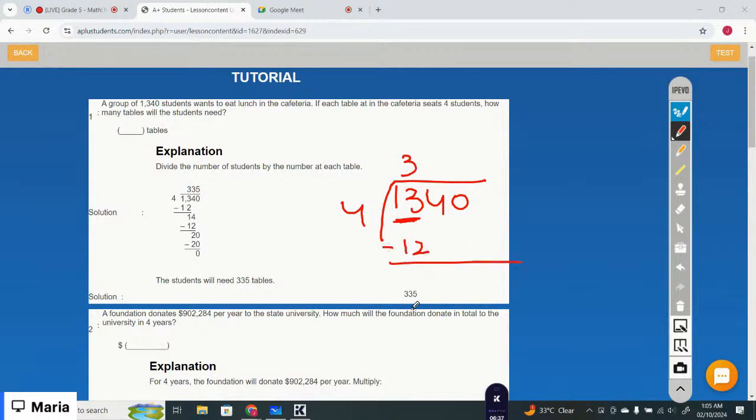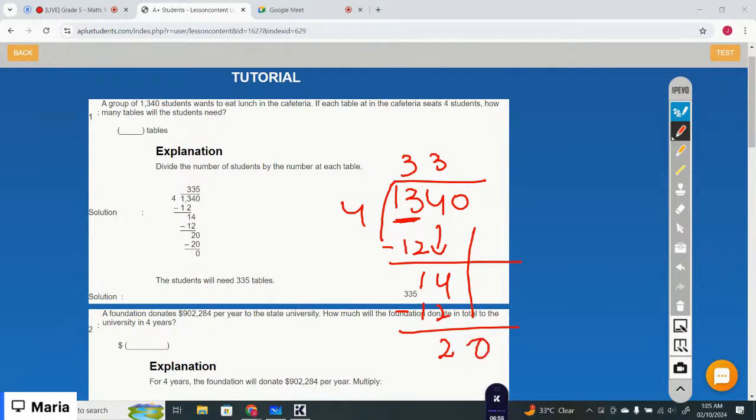When you subtract, 13 take away 12 is 1. You need to bring 4 down. Now count again 4 until 14. So 4 times 3 is 12. When you subtract, 14 take away 12 is 2. Now bring the 0 down.